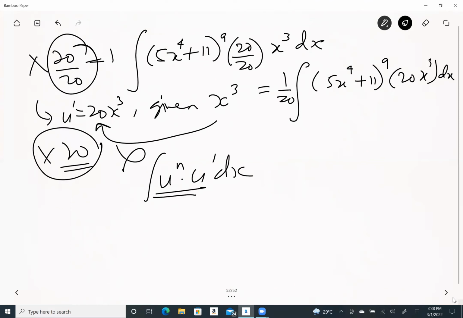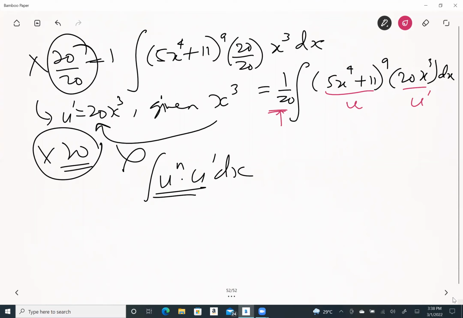Here U is 5x to the power of 4 plus 11, to the power of 9, and then U prime is 20x cubed. So by doing that, now I have here U, and that is U prime. But of course, don't forget, you have a constant there, 1 over 20.